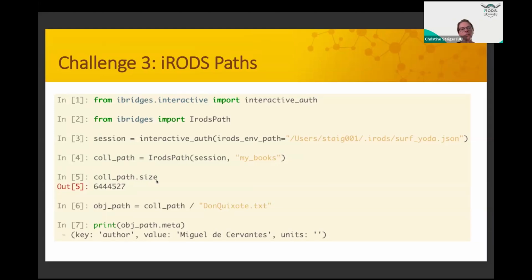You can get the cumulative collection path size from this little collection called My Books. And if I right now want to go deeper into the collection, I can use the pathlib-like syntax and extend the path. And this is the example how I can also view the metadata associated with that text file.